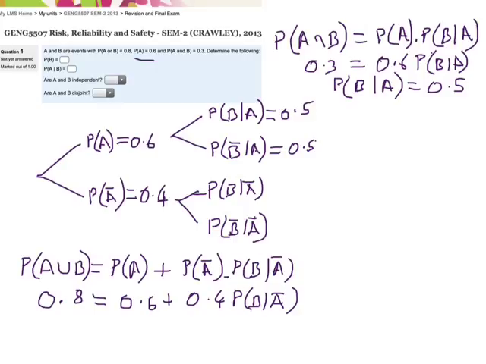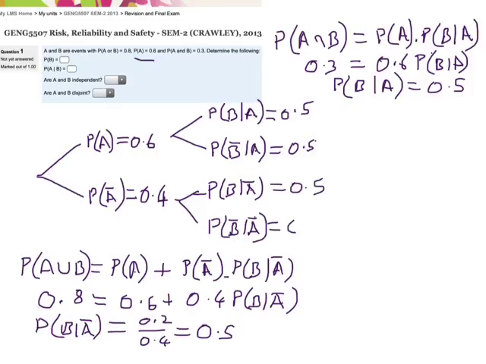So that means the probability of B given not A is going to be equal to 0.8 minus 0.6, which is 0.2, divided by 0.4, and that's going to be equal to 0.5 again. So that means all of these values down the side here are going to be equal to 0.5. Hope that makes sense so far. I'm going to clear some space.